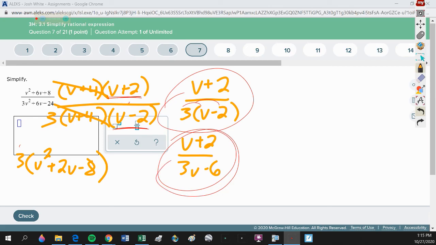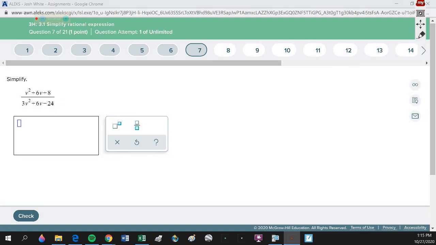Did you try? Well, let me try it then. I'm going to do it from my computer. It'll be easier. All right. So v plus 2 and 3v minus 6.